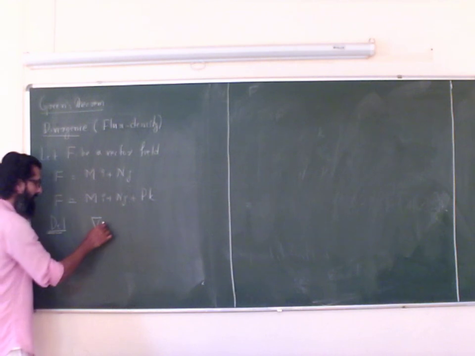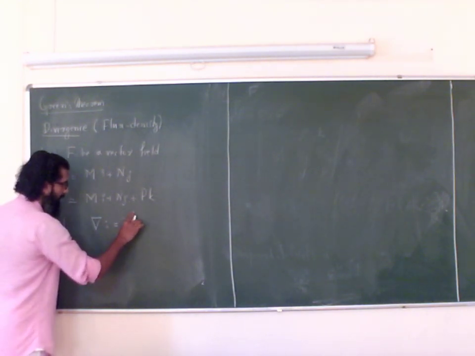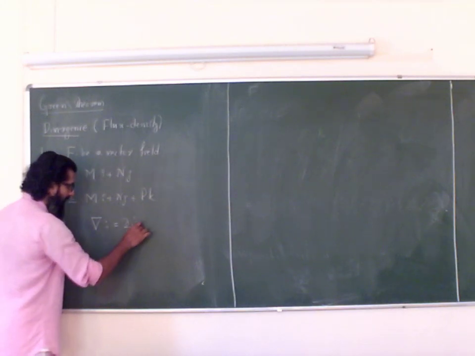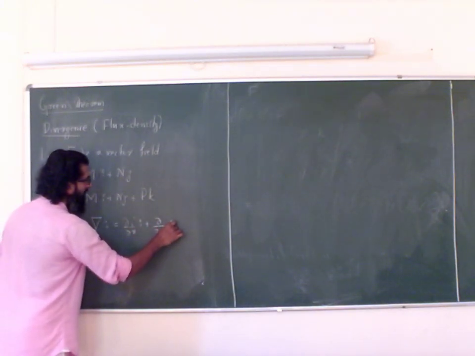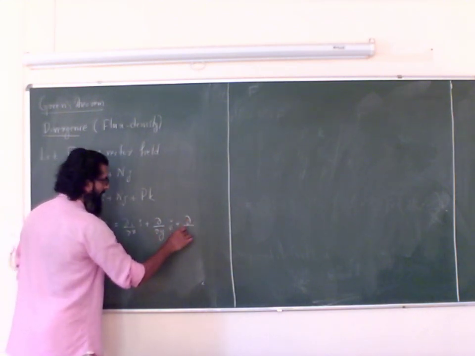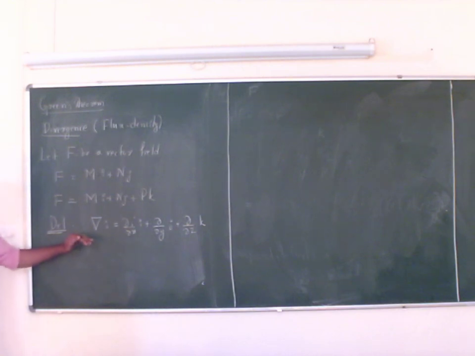And we have del is equal to ∂/∂x i plus ∂/∂y j plus ∂/∂z k. This is called the del operator, and I can use my del operator to define what is called divergence.